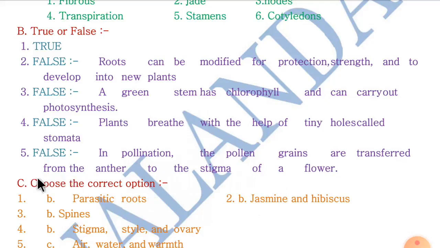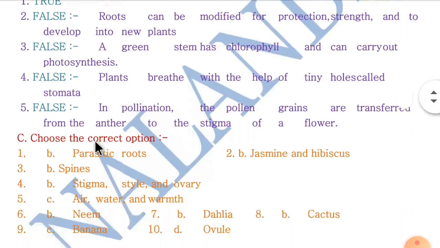This is the correct statement, right? So, here true false you cannot write down in your textbook. Just in objective parts, true false you write down in your FNB because you have to write the correct statement.